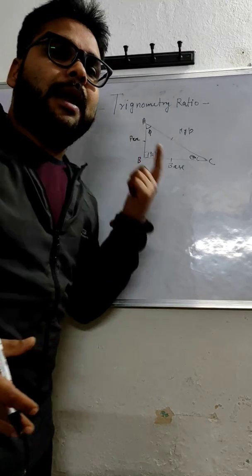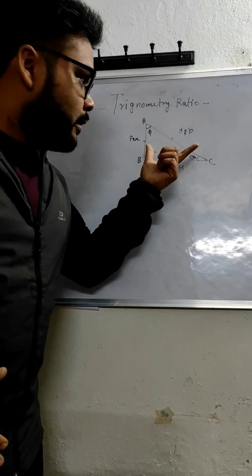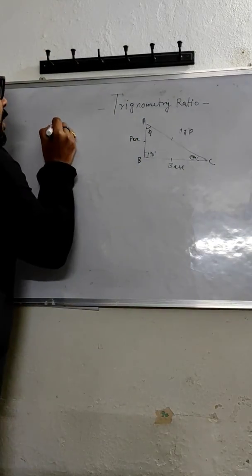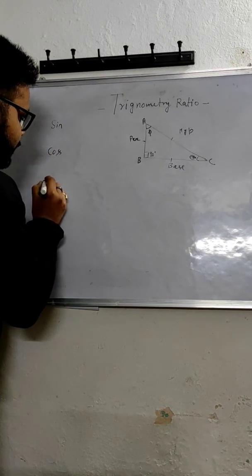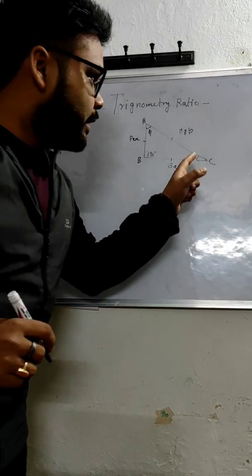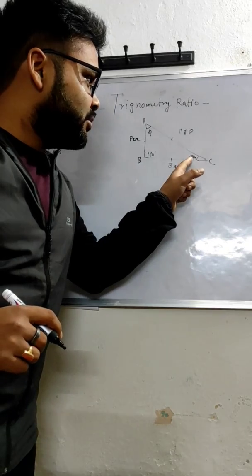By using those parameters we can calculate this relation between angles and sides. These parameters are sine, cos and tan. In this case, this angle C is theta.